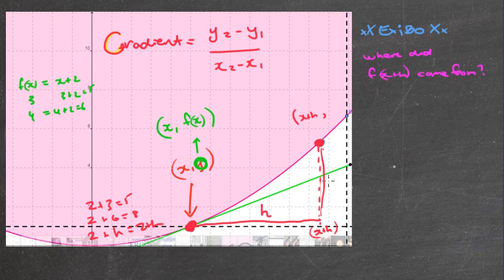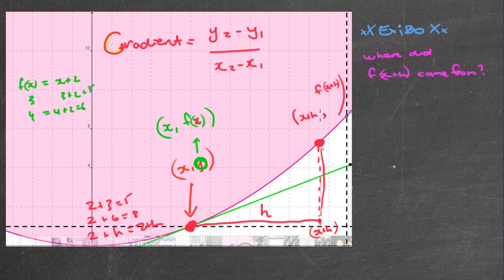So what would be my y coordinate at that point? Well, to find my y value, we simply substitute the x value into the function. That was x, so I substituted x into the function and made it f of x. So if this point is x plus h, I'm going to put that into the function and make it the function of x plus h.